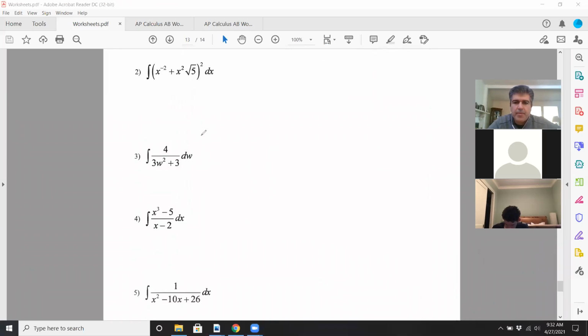So for number 3, what I'll probably wind up doing is rewrite the integral as 4 times 1 over, and pull out a 3 from here. Like that. So I can pull 4/3 out.